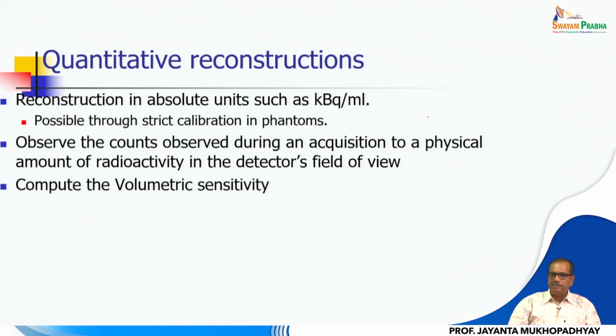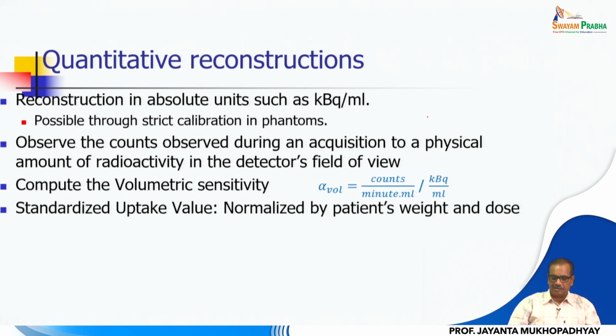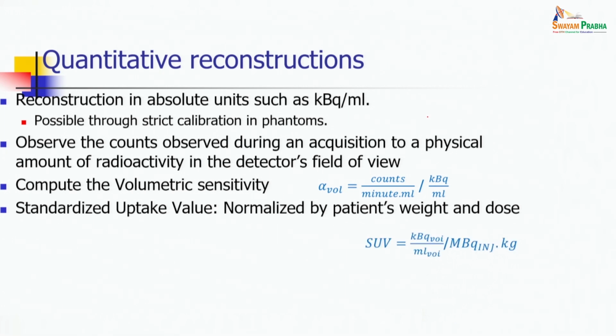So you compute the volumetric sensitivity, where alpha volume is counts per minute per milliliter divided by kBq per milliliter, which is the dose concentration. There is another unit also used in many cases for the analysis, called the standardized uptake value, which is normalized by the patient's weight and dose.